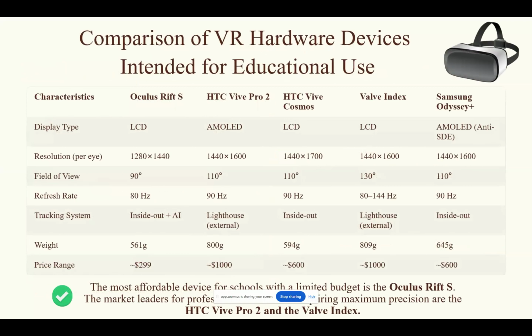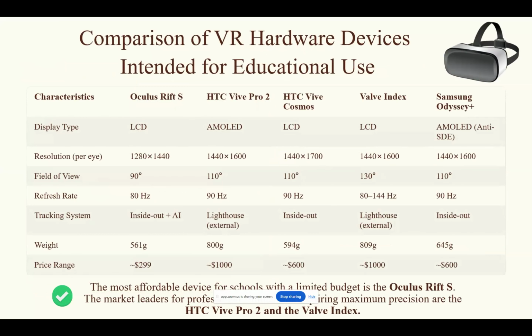Educational VR systems vary widely in display type, resolution, field of view, and tracking technologies. Devices like HTC Vive Pro 2 and Valve Index offer superior image quality and ultra precise tracking, making them ideal for professional simulations.